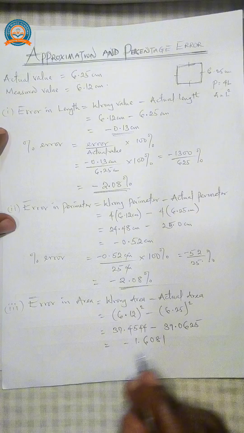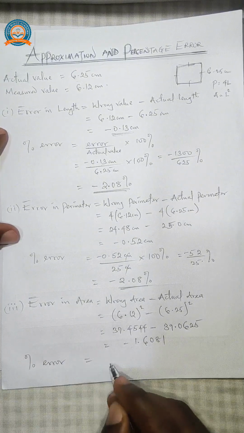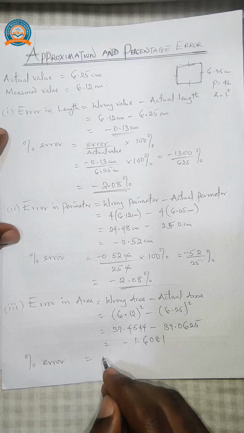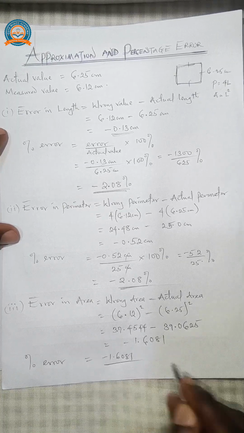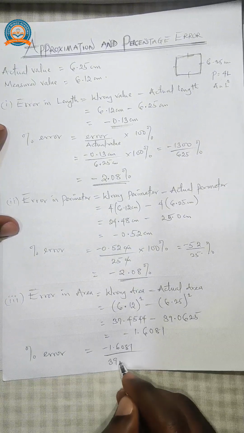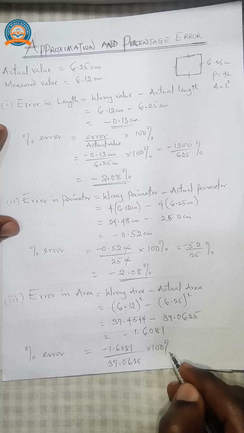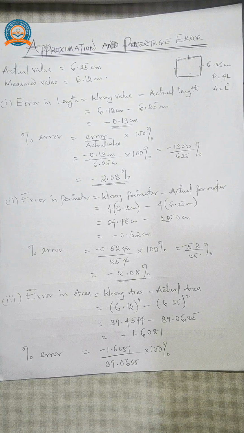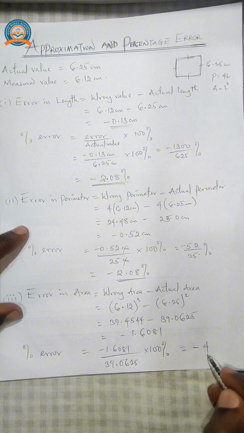So lastly, our percentage error for the area will now be error, which is negative 1.6081, divided by the actual value, which is the actual area, 39.0625, multiplied by 100%. So if you compute this with our calculator, the final result should give us negative 4.12%.